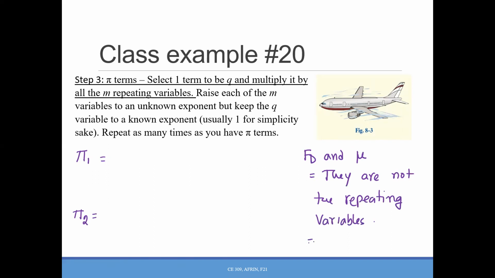So they are actually the Q terms. How will I write down pi 1 and pi 2? It will be the repeating variables times Q, and there will be exponents x, y, z here again.